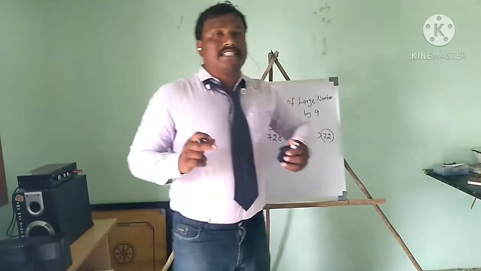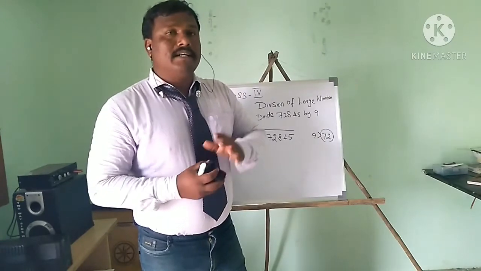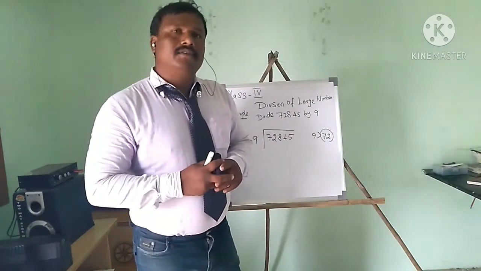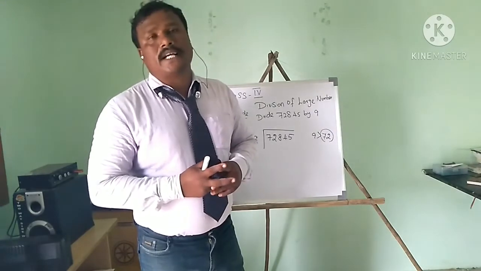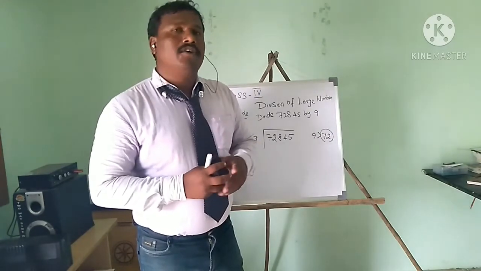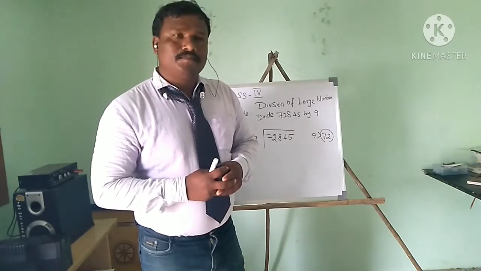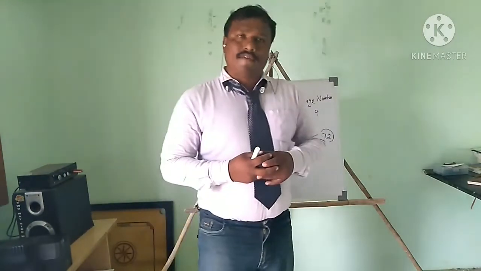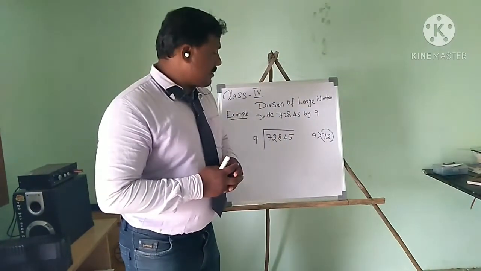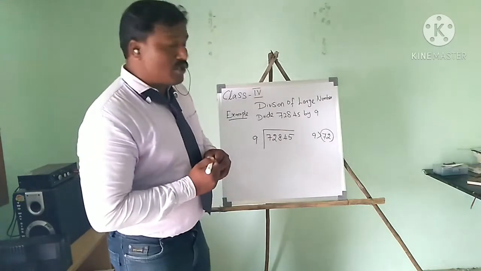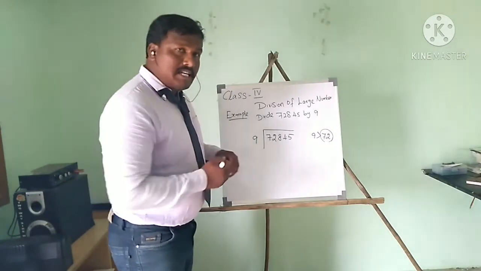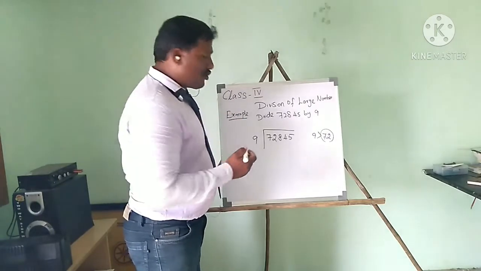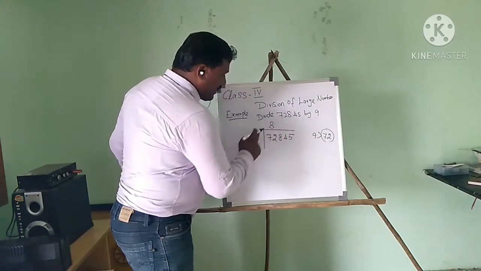You have to remember the multiplication table, then only you can find the answer. 1 9 is 9, 2 9s are 18, 3 9s are 27, 4 9s are 36, 5 9s are 45, 6 9s are 54, 7 9s are 63, 8 9s are 72. Because I have taken the two-digit number 72, 8 9s are 72.